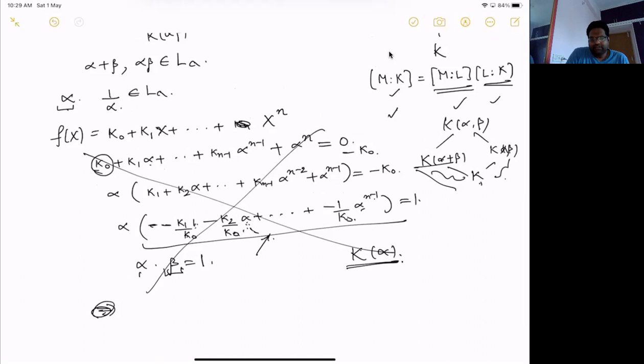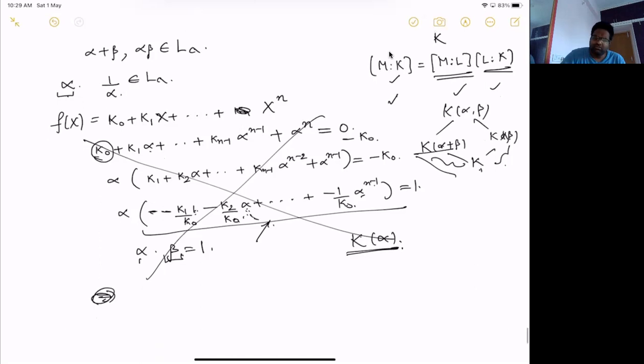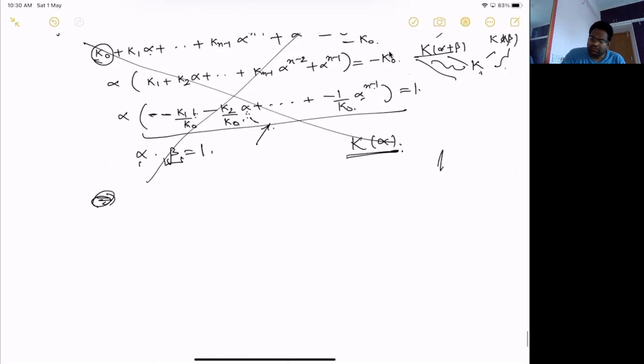And in order to show that alpha inverse is also algebraic over K, but K(alpha) is a field, right? I don't know why you want to exhibit it all. So, okay, you take K(alpha) over K. Since K(alpha) is a field, alpha inverse also belongs to K(alpha).